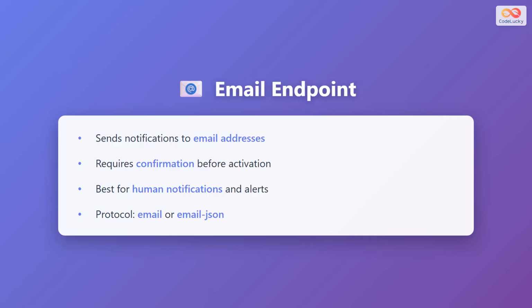SNS supports two protocol types for email. The standard email protocol sends a simple text message, while email-JSON sends the full SNS message in JSON format, which includes additional metadata. Email endpoints are commonly used for system alerts, operational notifications, and monitoring reports.